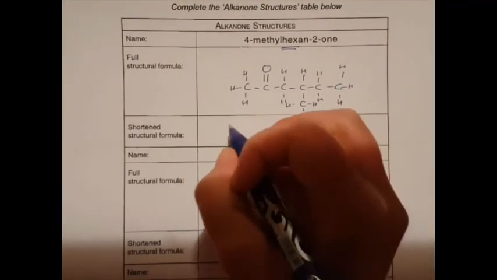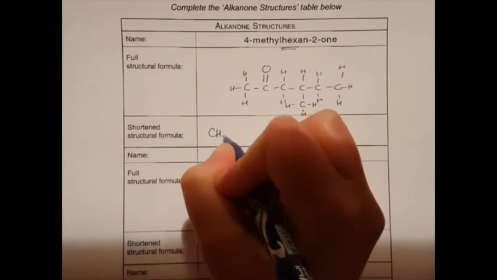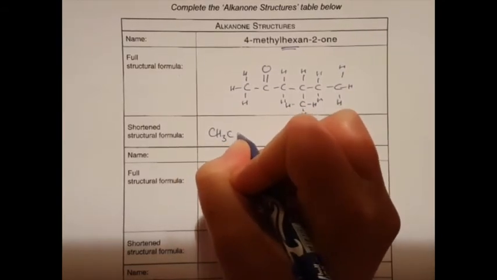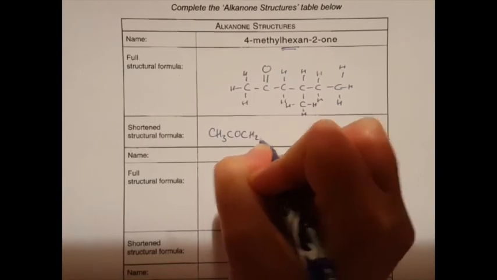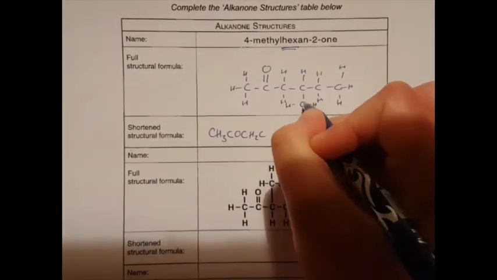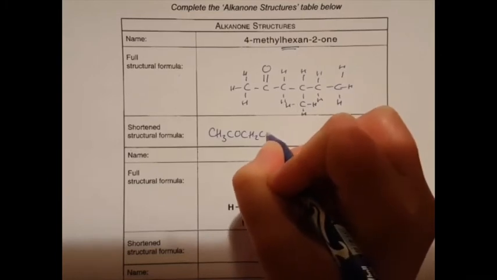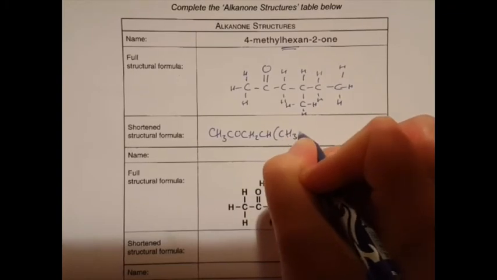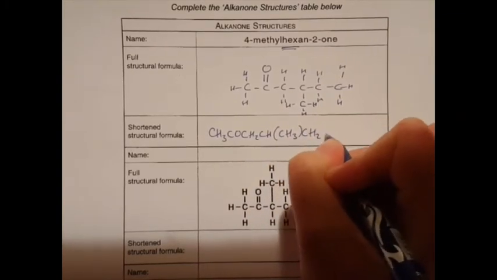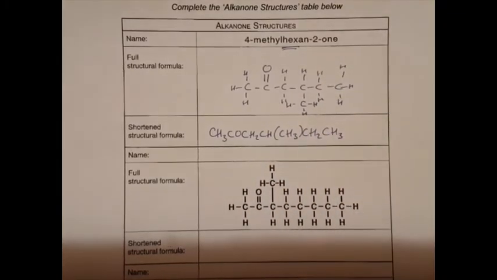Okay, fab. And then your shortened structural formula: CH3, CO, CH2, C, and this carbon has a branch, so we're going to put the branch in brackets, but it's also got a hydrogen, so it's CH, CH3, CH2, and then CH3 at the end.